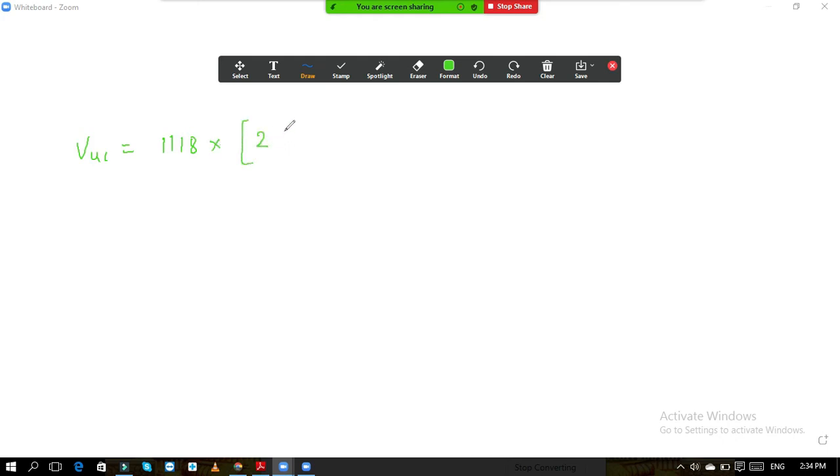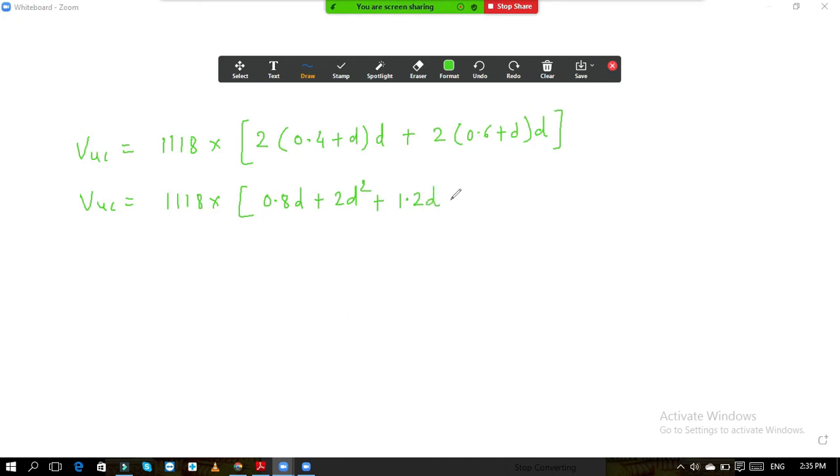It is 2 into 400 plus D is 0.4 plus D, and multiply this by D. This is the first area, plus second area is 2 into 0.6 plus D into D. So VUC is equal to 118 into, in bracket, here it is 0.8 D plus 2D square plus 1.2 D plus 2D square.